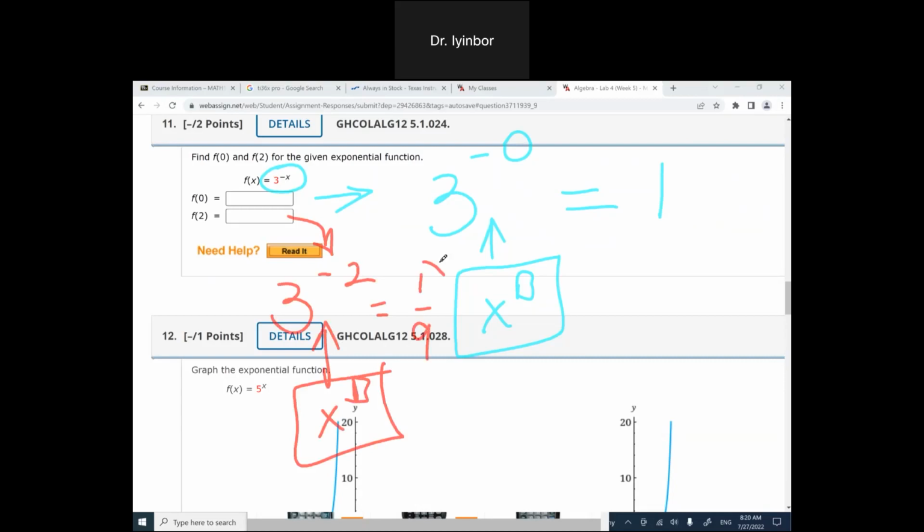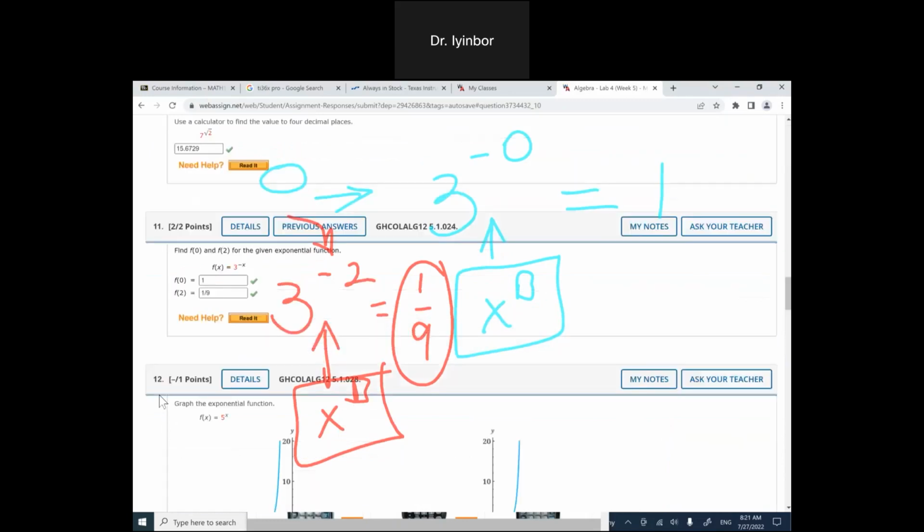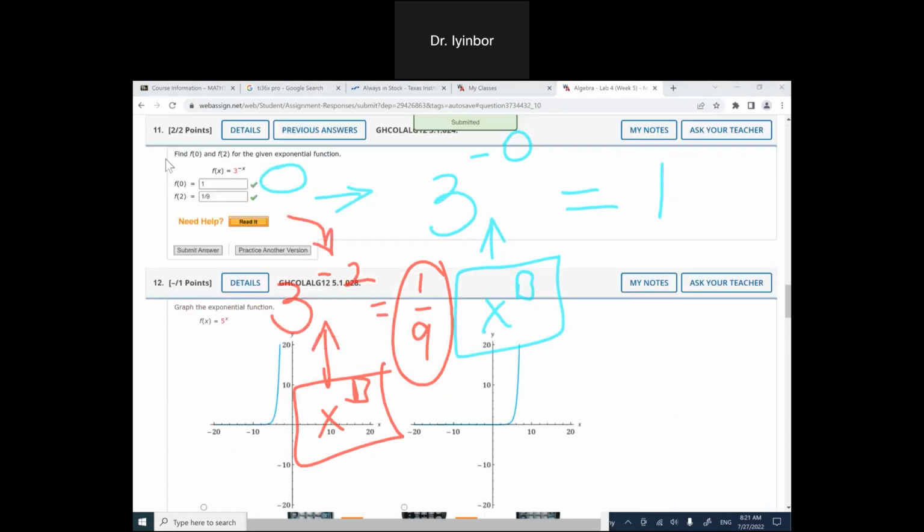So those are my answers. I'm going to plug it in so I can see it right. 1 and 1/9, like that. And it should be the answer. There you go. Okay? So that's how you do this. Just use the calculator. So for 10 and 11, use the calculator.